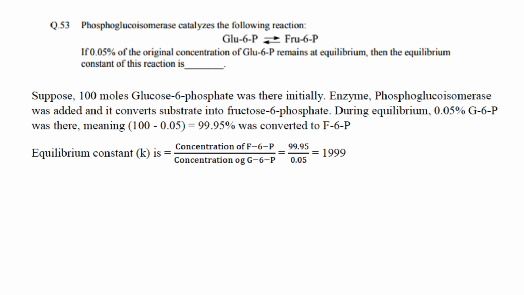During equilibrium, 0.05% glucose 6-phosphate was there, meaning 99.95% was converted to fructose 6-phosphate. So the equilibrium constant K can be calculated using this equation, and that is 1999.